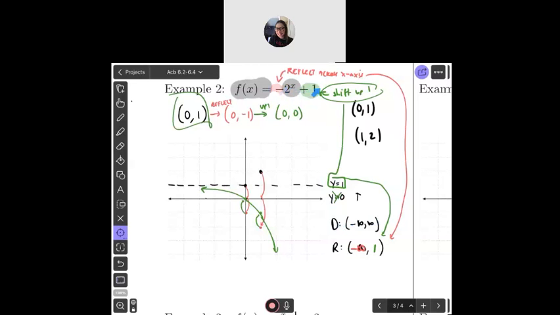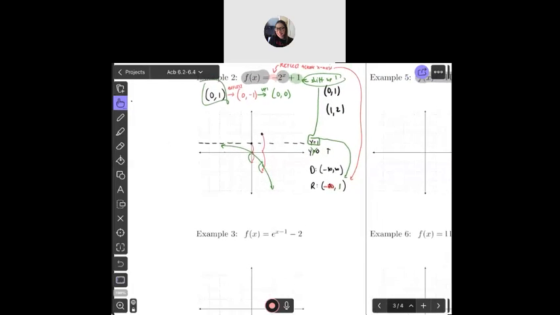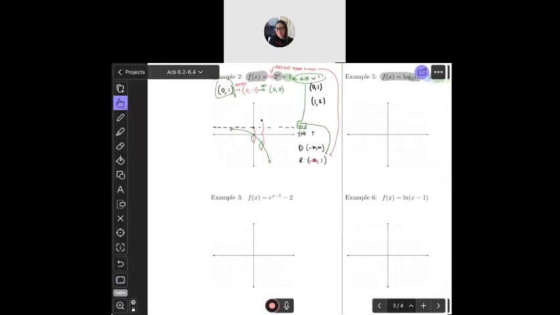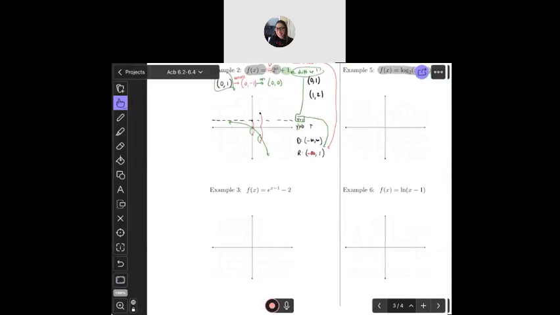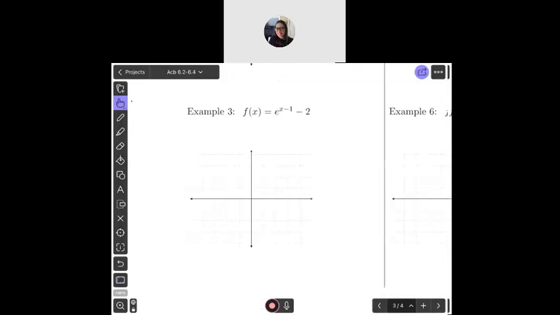If it's exponential, I need to watch out for my range, because up and down shifts can mess with it, and reflections can mess with it.